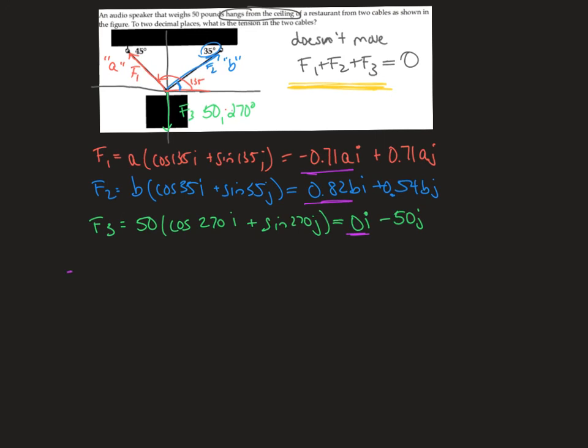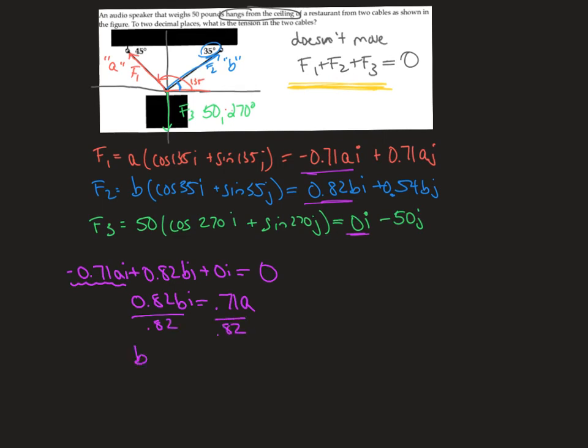So negative 0.71 AI plus 0.82 BI plus 0I, you don't have to put that in there, equals 0. So really what I'm doing is adding this to both sides and getting 0.82 B equal to 0.71 A. Then I'm going to divide both sides by 0.82.